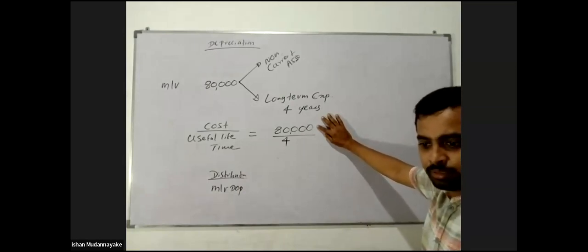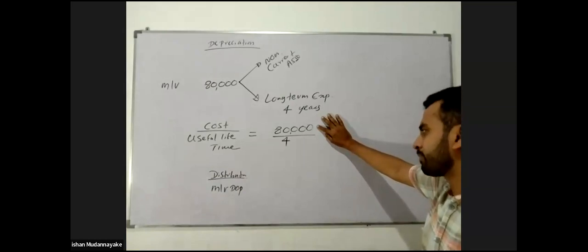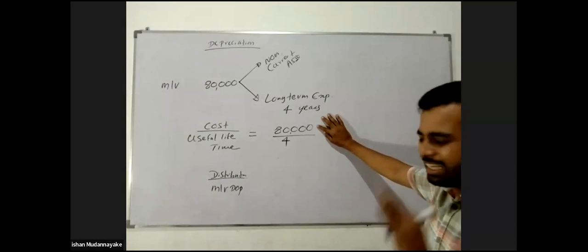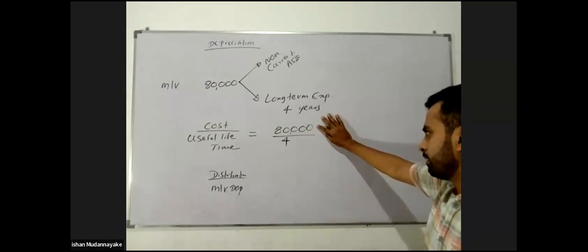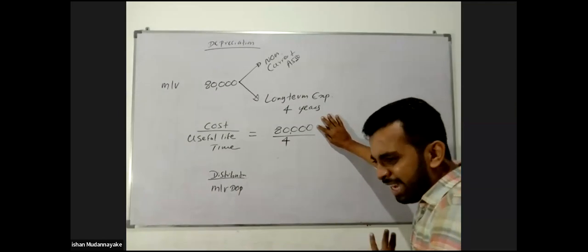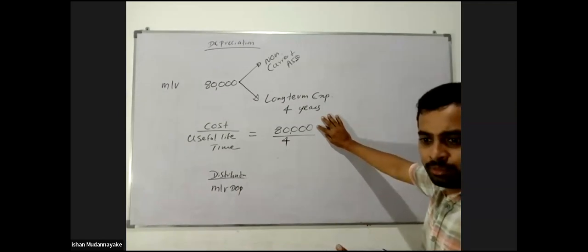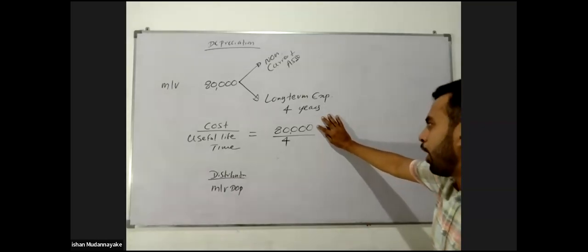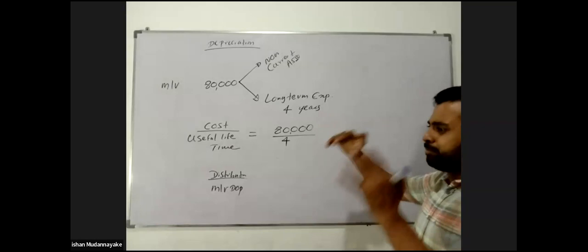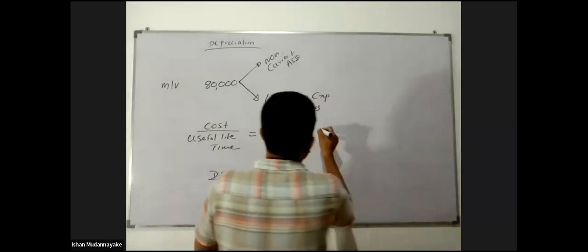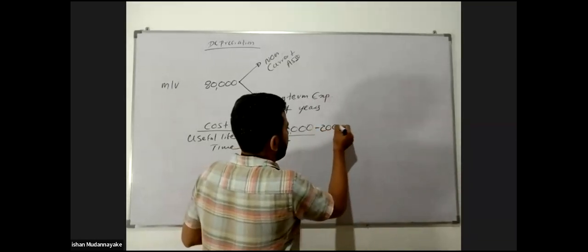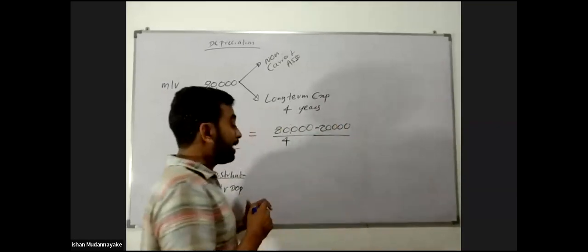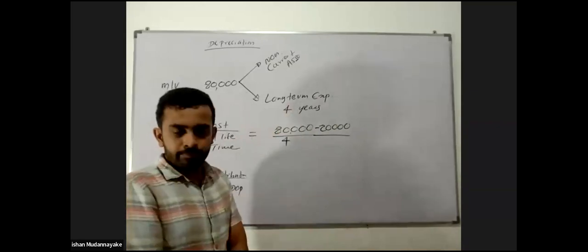But let's say after 4 years, Emira can sell the remaining motor vehicle for 20,000.